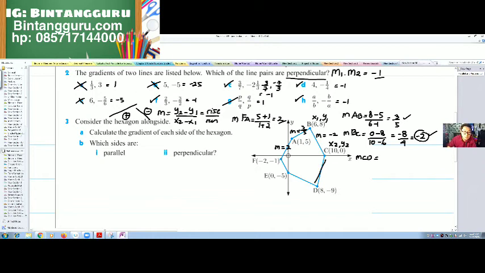If going down from A, B, C, D goes down. Let's see the coefficient, it should be positive. x1, y1, x2, y2. So this is minus 9 minus 0 over 8 minus 10, minus 9 over negative 2.